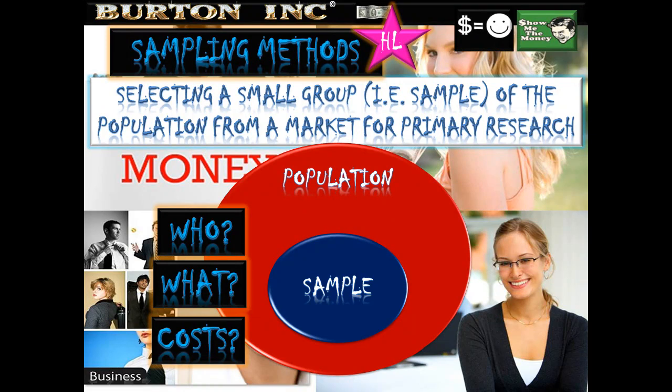There's no way you can know what the whole state of California, every single person in that market is thinking, what opinions they have. We need to go and get a small representative sample out of their whole population for the purposes of our primary research. So who are we going to select, what are we going to ask them, and what costs are involved?